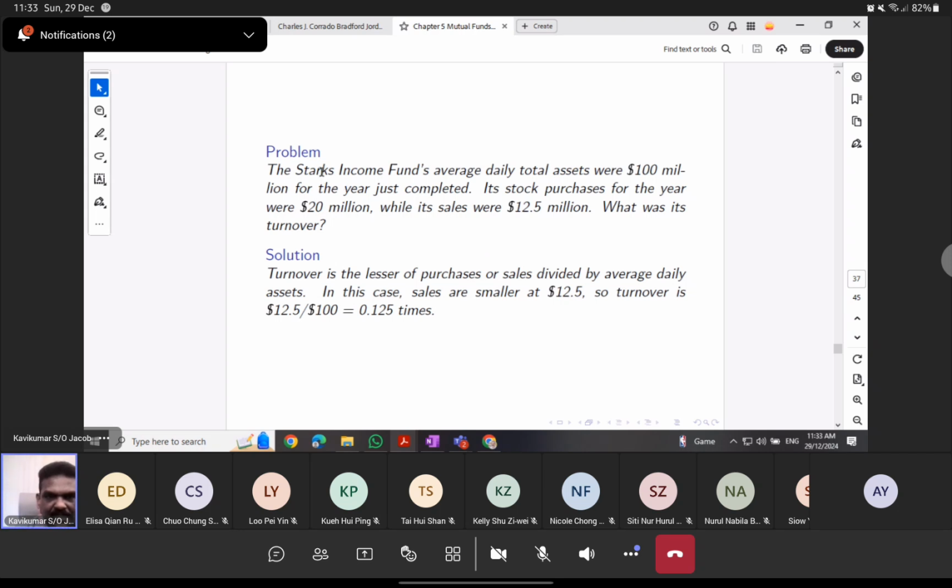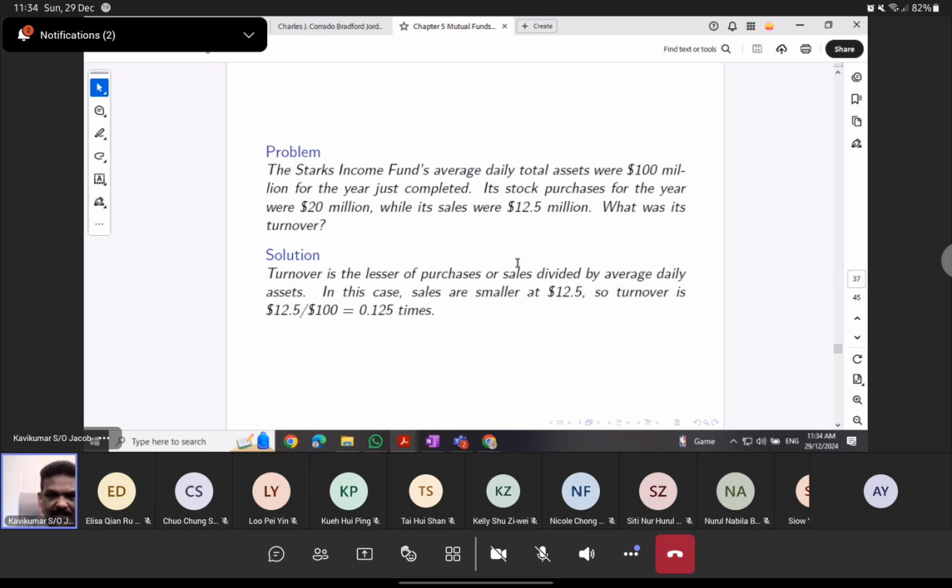Next one: a stock income fund's average daily total assets were 100 million for the year just completed. Stock purchases for the year were 20 million, while sales were 12.5 million. What was its turnover?